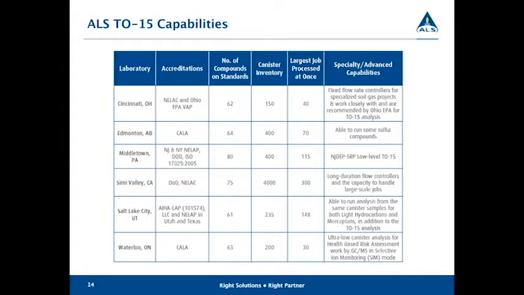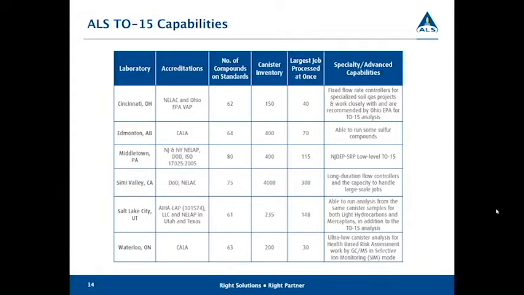Also listed here is our canister inventory. This gives you a good idea of how many Summa canisters ALS has as a laboratory network. And we have the ability, when we're short supplied at one lab, to borrow from another.